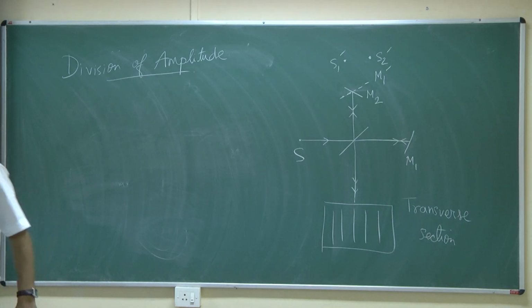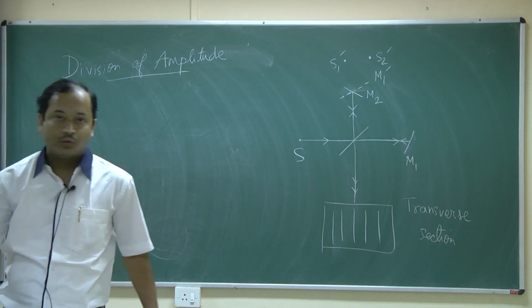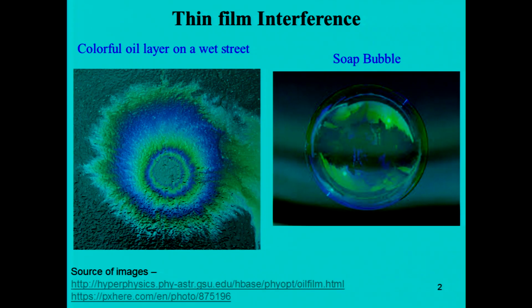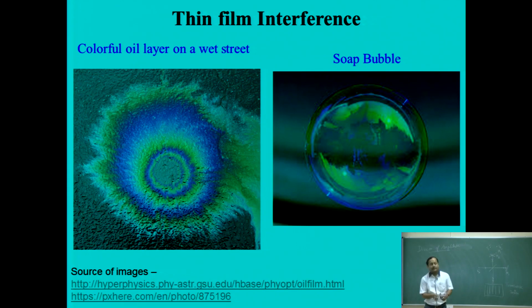So let me show you one picture first, for this thin film interference. So this is the first example we want to discuss. So we will break this up into three examples.